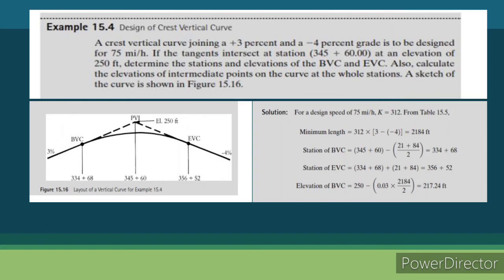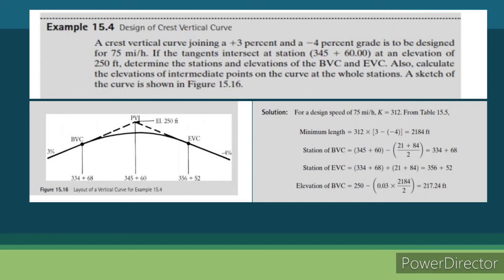If the tangents intersect at station 345+60 at an elevation of 250 feet, determine the station and elevation of the BVC and EVC. Also, calculate the elevation of intermediate points of the curve at the whole stations. A sketch of the curve is shown in figure 15.16.